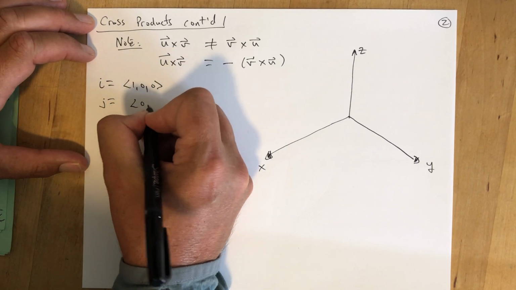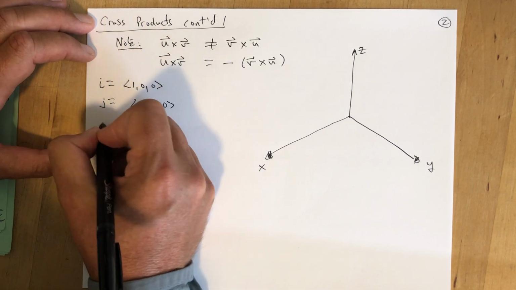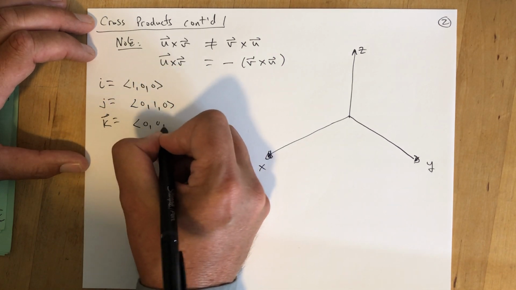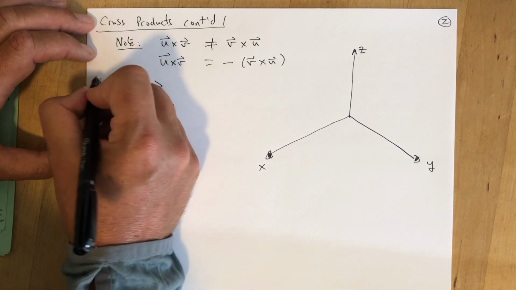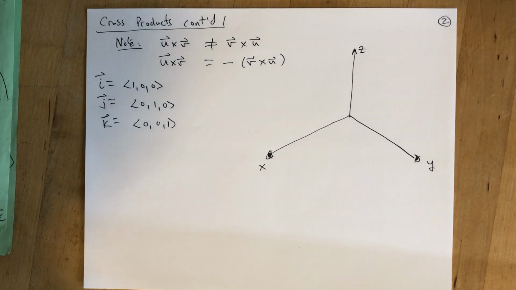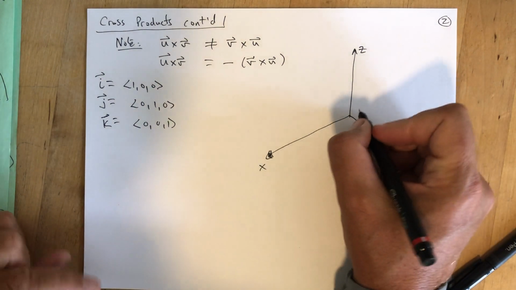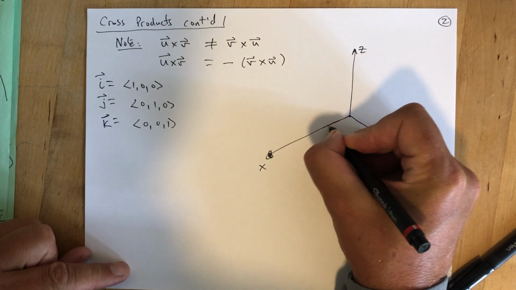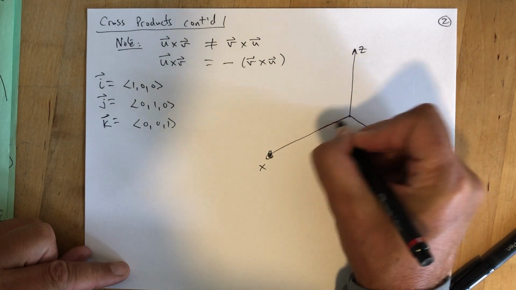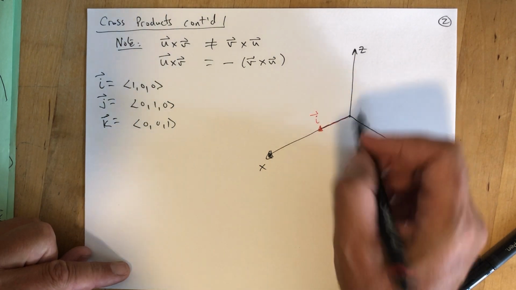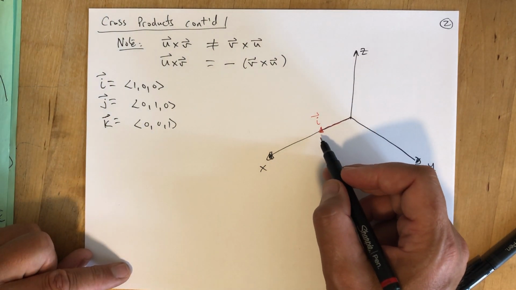J is the vector 0, 1, 0. And K is the vector 0, 0, 1. These are all vectors, right? So I got some colors here to play with. So here's the vector I. It lies on the x-axis. Right here, and it has length 1.